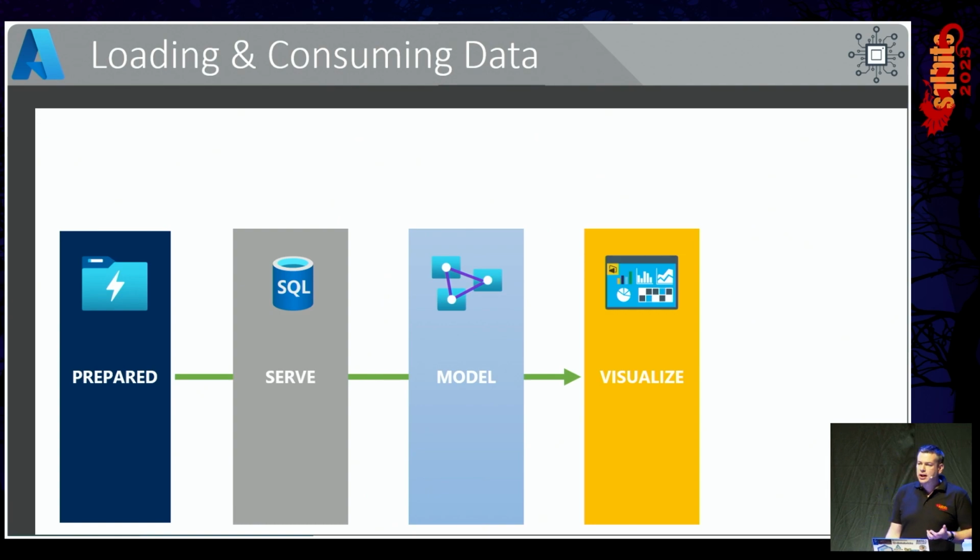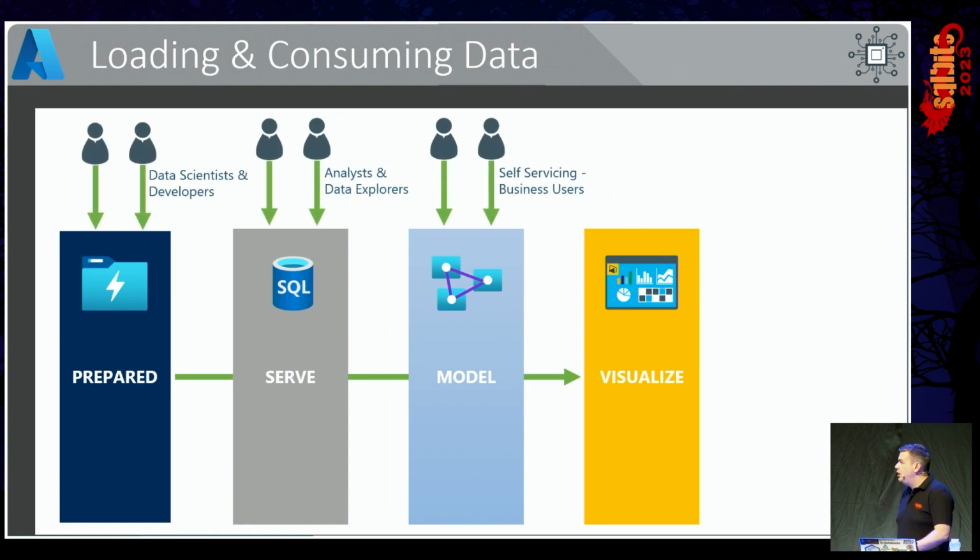But how do we decide what we actually need now? What requirements have we got to guide us with this? Well, we could start thinking about the personas of the people that we want to serve this data to, or to give it to them. We might have some data scientists, some technical people, some developers. We might have some analysts, maybe.